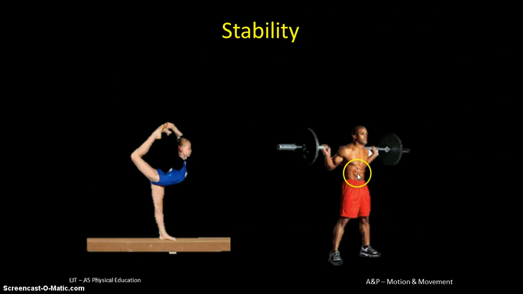This guy, centre of mass is probably around about here. Directly the line of gravity takes you down, and he's got a relatively wider base of support. So the line of gravity being within the base of support means that he is fairly stable. If he gave himself a much wider stance, he would again be considered even more stable because there's a greater leeway to remain balanced.